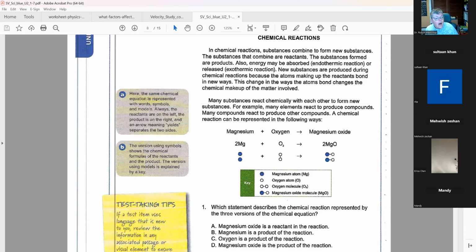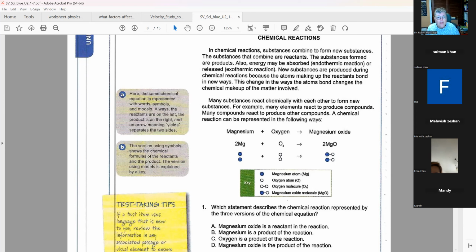Or is magnesium oxide the product? And remember, when you're looking at these, your reactants are in the front, your product is behind the arrow. So magnesium, reactant, oxygen, reactant, magnesium oxide, product. It is D, perfect.